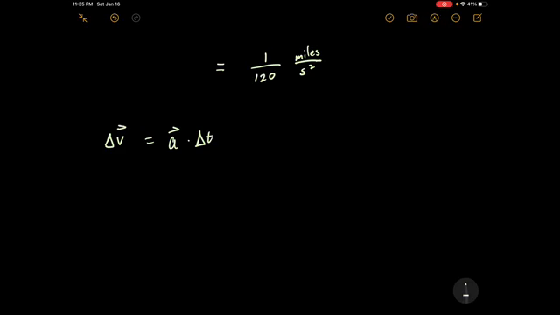And that also means that the velocity times delta t is going to get you delta x, the distance and displacement vector.